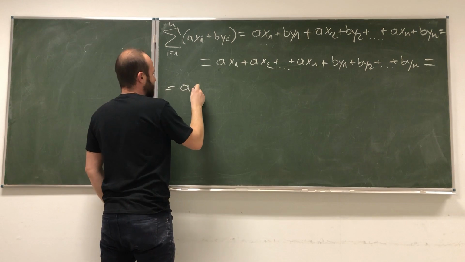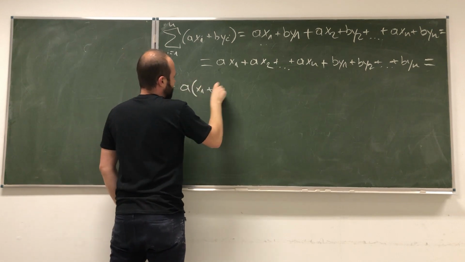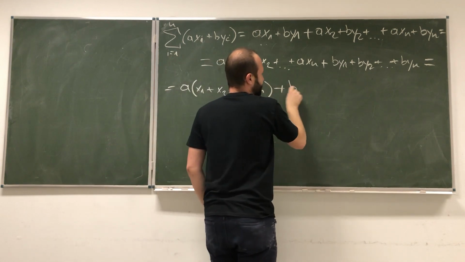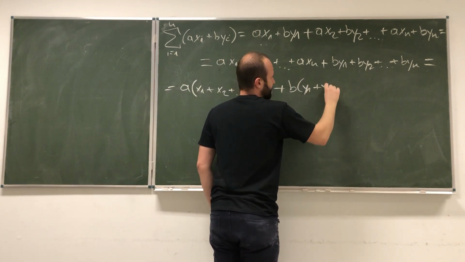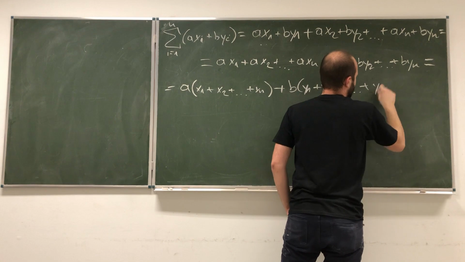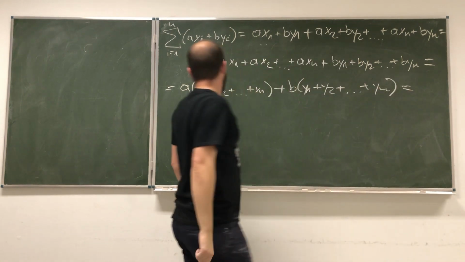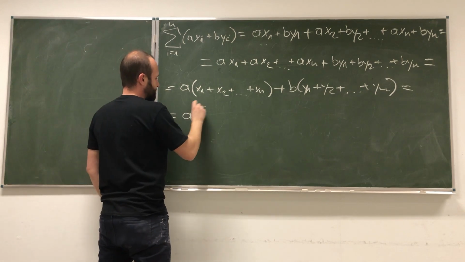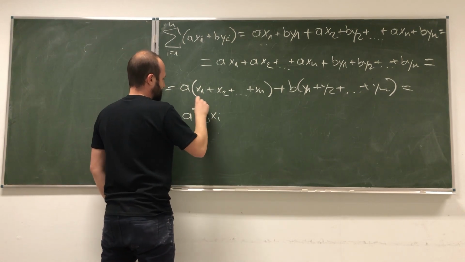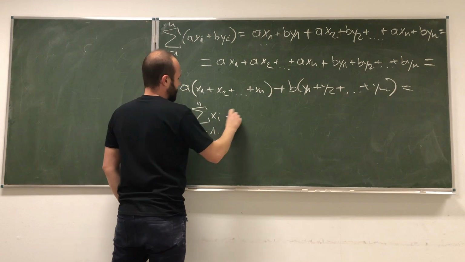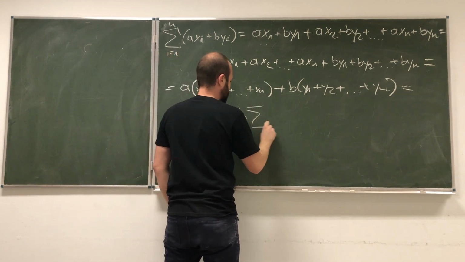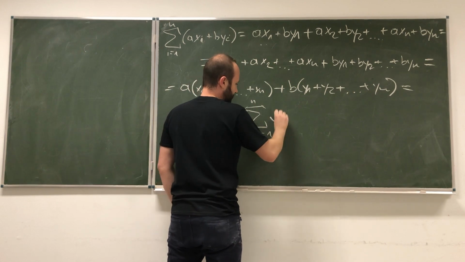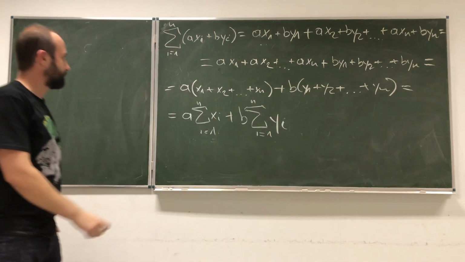So this is a times x1 plus x2 plus until xn, then plus b times y1 plus y2 plus until yn. How can I write this differently? Well, simply as a times the sum of x_i from i equals 1, plus b times the sum of y_i from i equals 1.